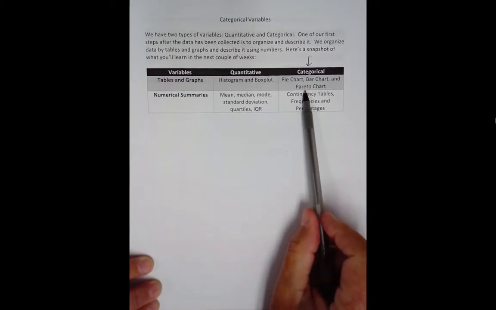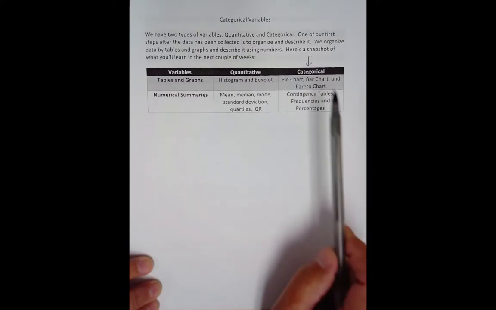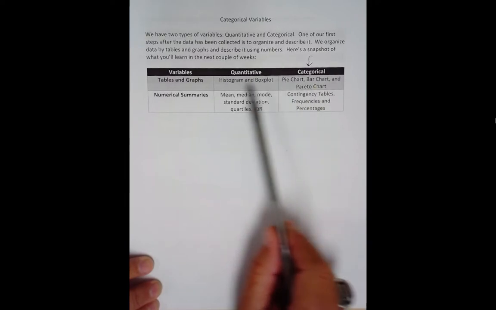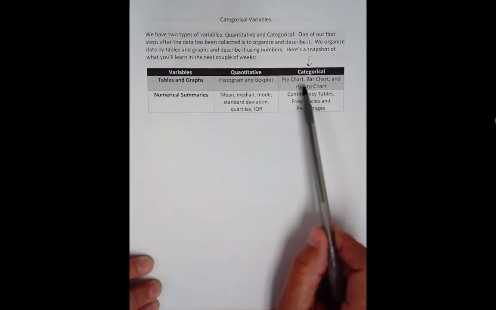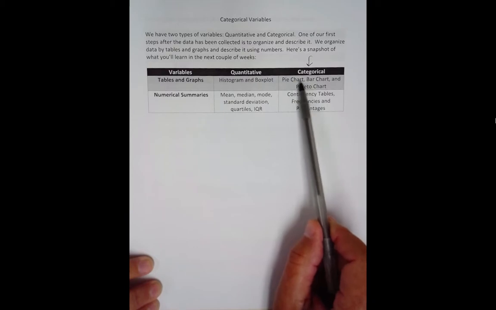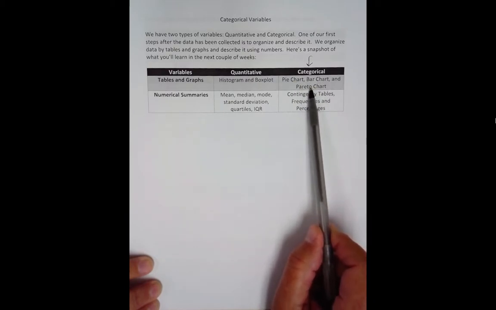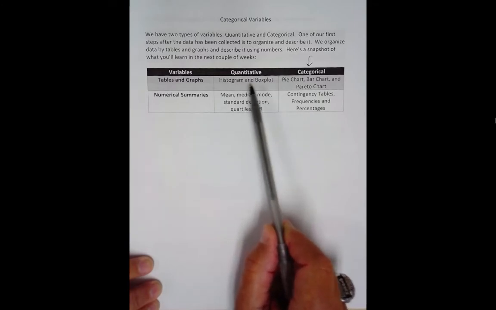Our focus in this video, and in the next few videos, is what if we have categorical variables? What if we're looking at gender, the type of car someone drives, eye color, political party, you name it. Anything that's categorical, the type of graph and table that we present is different. Pie charts, bar charts, and Pareto charts are appropriate for categorical variables, but not quantitative.